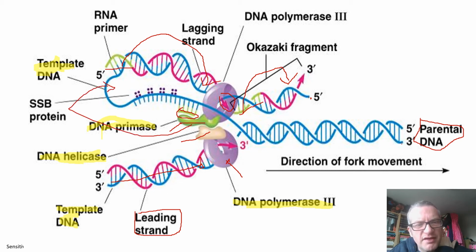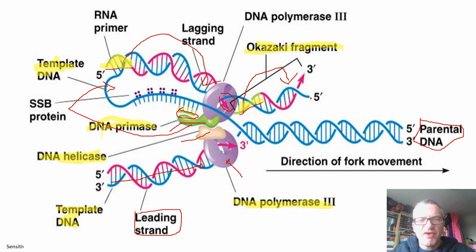So effectively, we're making a series of short fragments, all working in the opposite direction to the overall direction of replication. And these little fragments, which are called Okazaki fragments, you see the word highlighted here, will need to be joined up. Each of those fragments has their own little RNA primer, which you can see here.